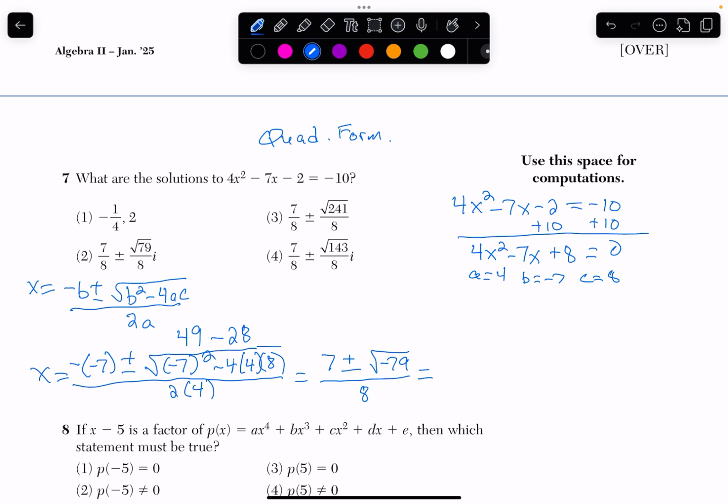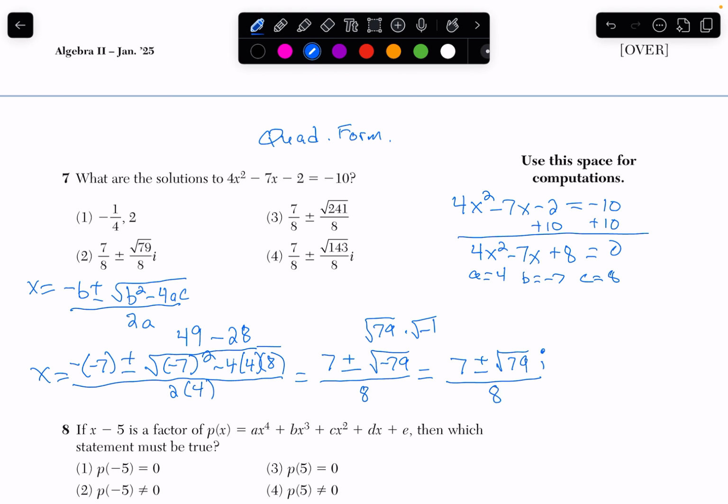So basically, you really have the square root of 79 times the square root of negative 1. And the square root of negative 1 is i. And because it's last on all of these choices, I'm just going to keep it last. 7 plus or minus the square root of 79 times i, all over 8.